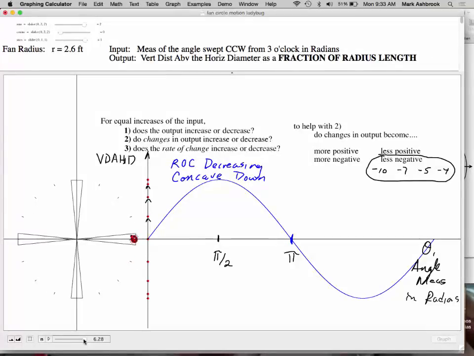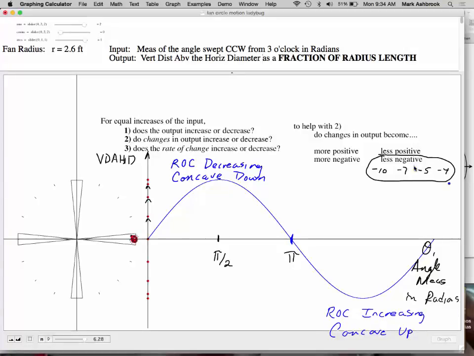So all through that second half, the changes are increasing. So the rate of change? Increasing. Changes are getting less negative and then continuing that pattern, getting more positive. That's an increasing rate of change. Concave up.